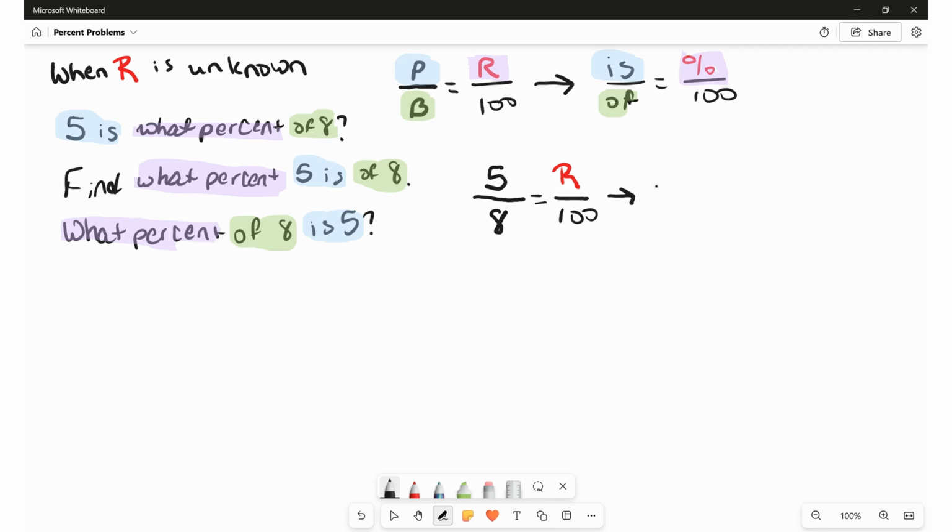Well, this becomes 8 times R is equal to 500, which becomes R is equal to, and you want to do 500 divided by 8, which is going to give you 62.5.